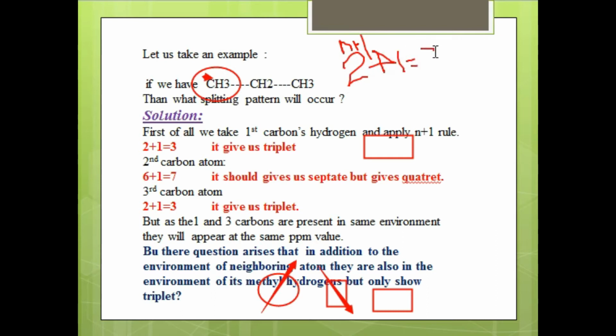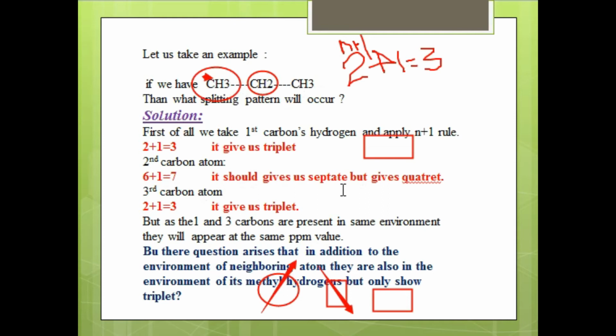Here we will get a triplet, and this CH2 methylene group will give us, what will this methylene group give us? Here we see 3 hydrogens. Here these are also 3 hydrogens that are present on its other side. 3 plus 3, 6. 6 plus 1, it should give us a septet.